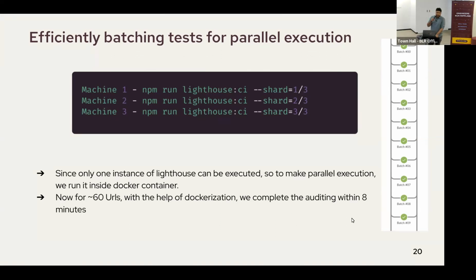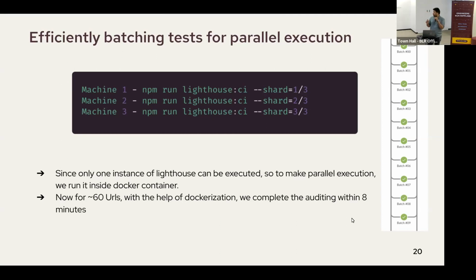So what we did is we created a Docker image of Node. And now you can have 10 different Docker containers, right? So let's say you have 60 URLs to be tested, and now you have 10 Docker containers.